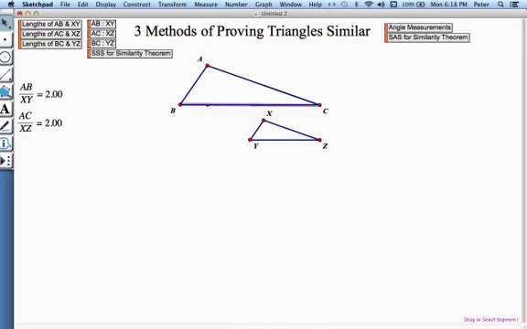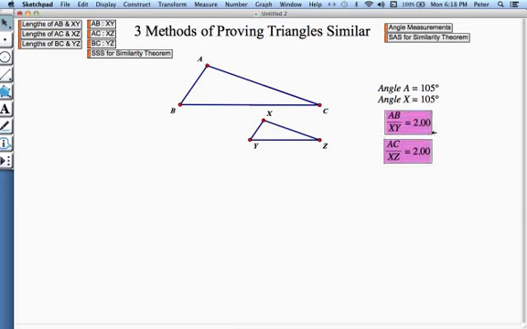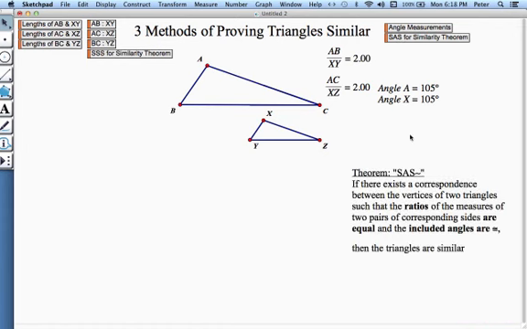Suppose we didn't know the measures of BC, but we did know the angle measurement in A and angle X, and we saw that they were congruent. This would be the third and final means of proving that two triangles were similar. And this would be side-angle-side for similarity. With side-angle-side, we're required to show that the ratios of the measures of two pairs of corresponding sides are equal, as they are here.